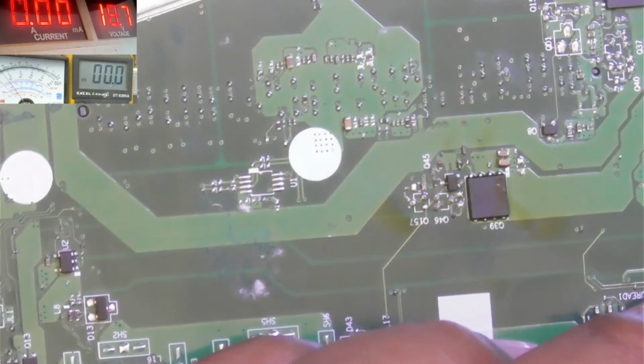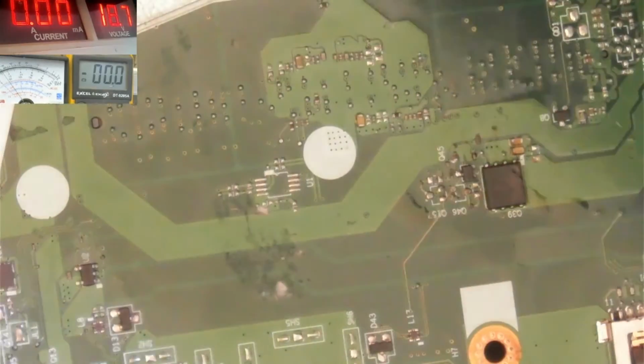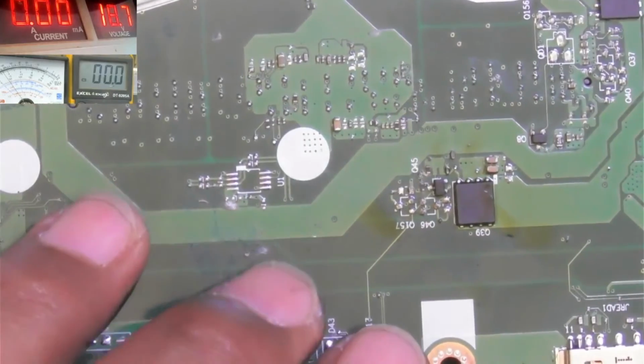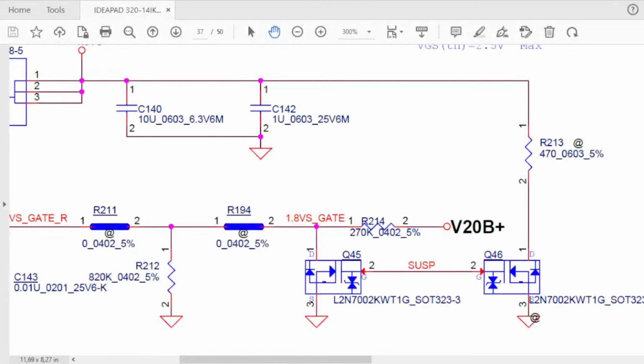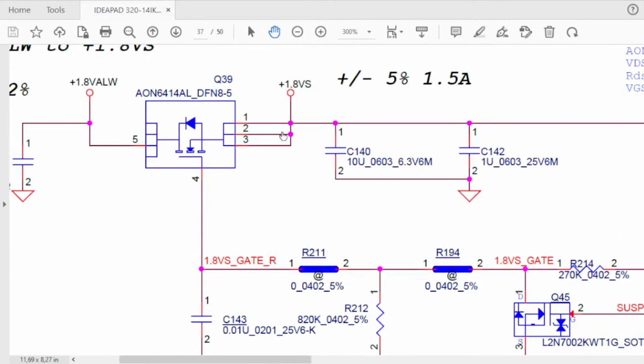I think the resistor has trouble. Okay, let's replace the resistor. We will try to replace resistor R214, because after this gate goes to 0 volt, this point is about 0.8, the same as this point.